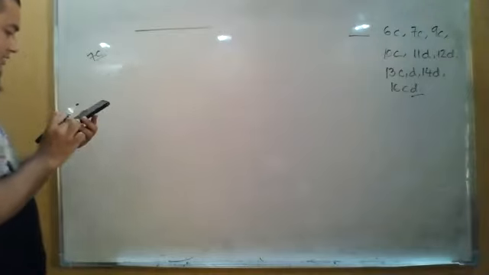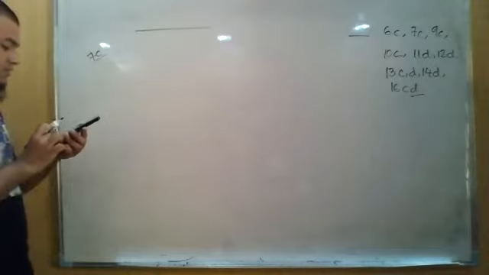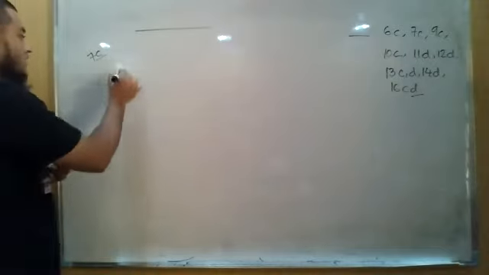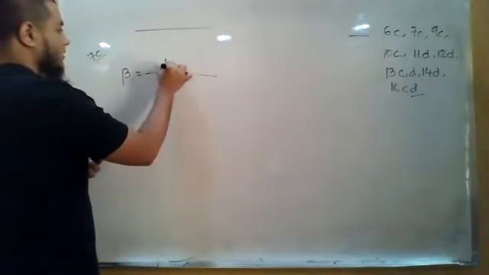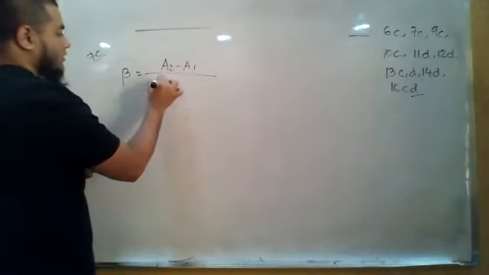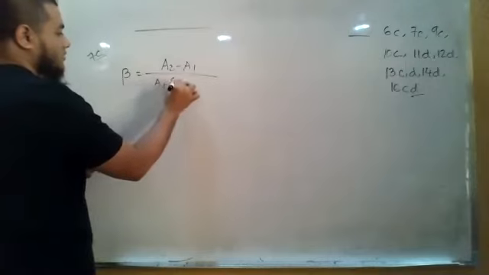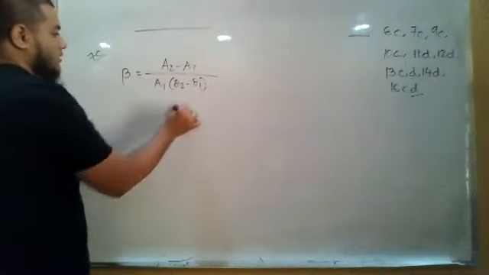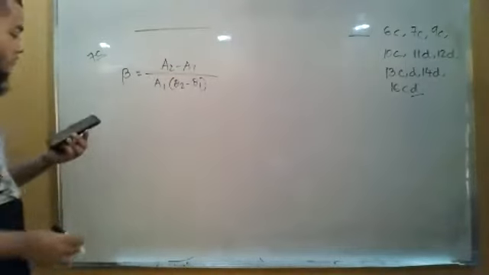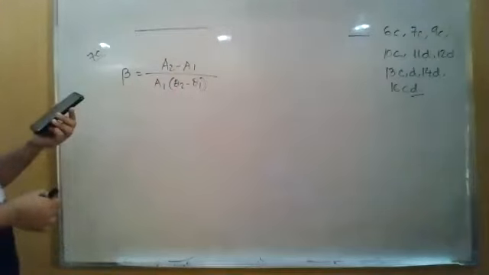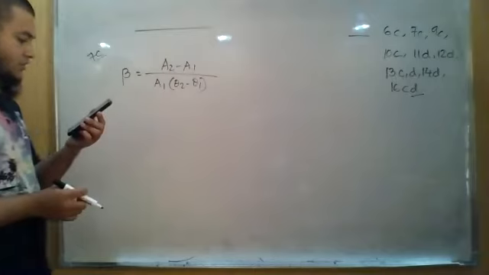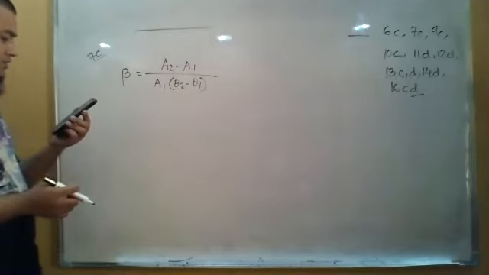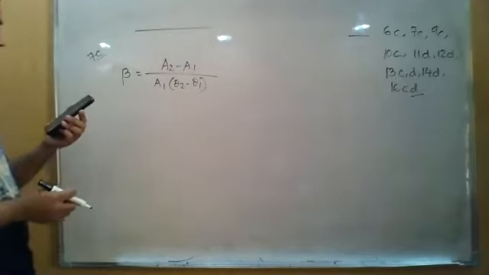9C, determine the value of coefficient of surface expansion. Surface means area. Area expansion, that is beta, is equal to A2 minus A1 divided by A1 into theta 2 minus theta 1. So we need to look for these values. In a factory, number 1, 2, and 3 labels are attached to the 3 lead plates respectively. The surface area of every plate is 4 meters square.